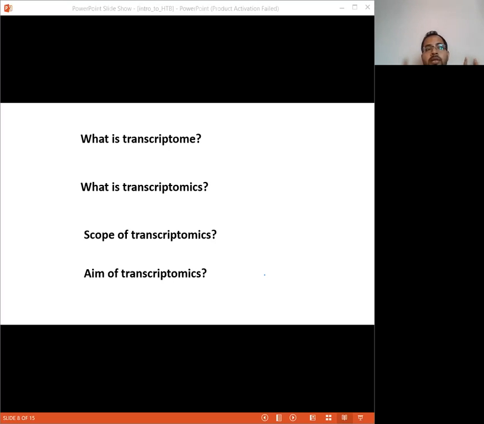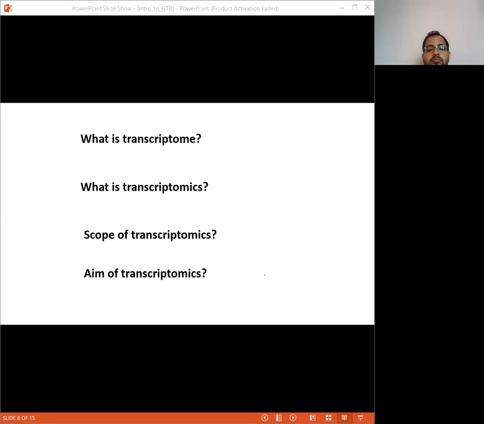Because we can find the RNAs, and we can reverse the process. We can map the RNA to the genome, and from that technique we can identify which genes are coming from which region of the DNA, and what is the structure of the particular gene which is transcribing that particular RNA. Okay, those kinds of techniques are available, and we can do that.